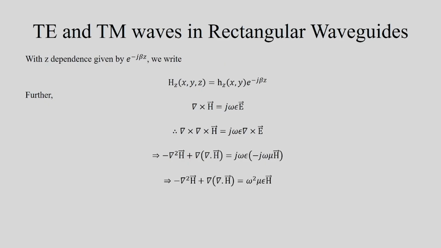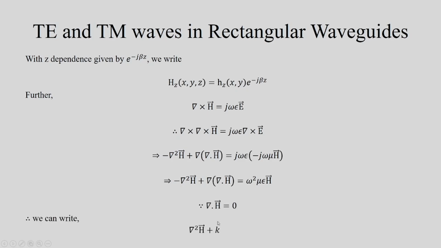Now, starting from curl of H equal to j omega epsilon E, if we take curl on both sides and then expand curl curl of H as minus del square H plus the gradient of divergence of H, and substitute curl of E to be equal to minus j omega mu H, we get an equation of this form.